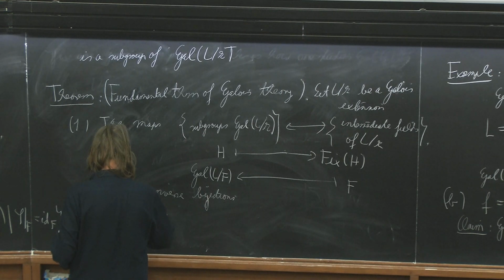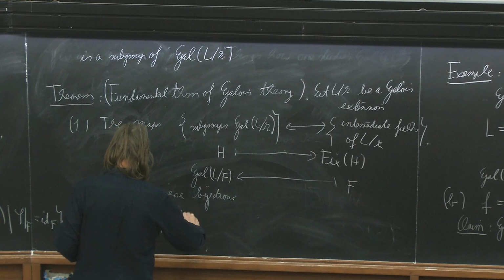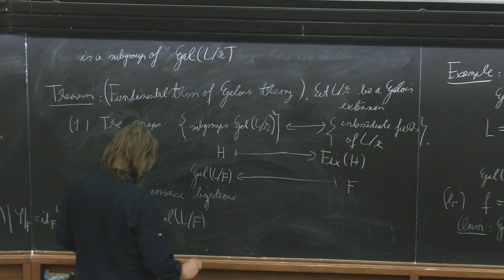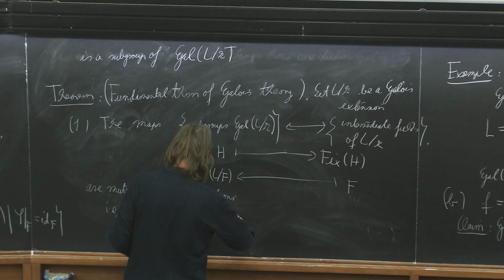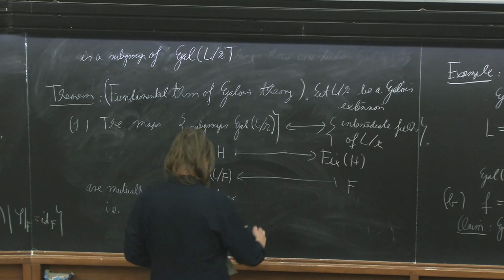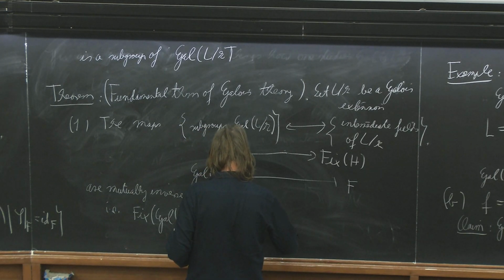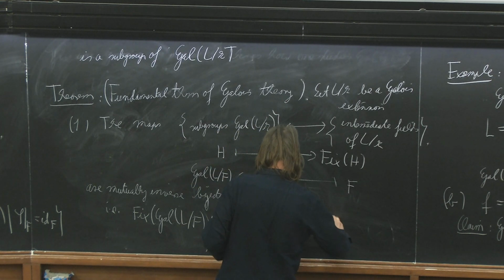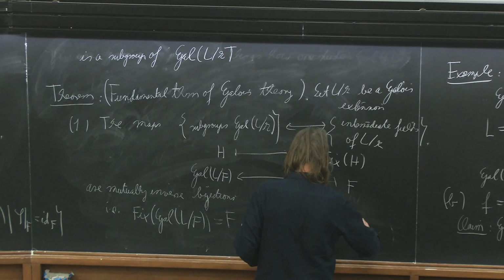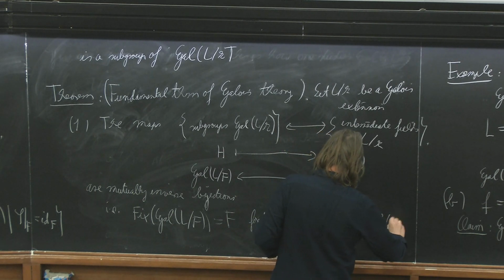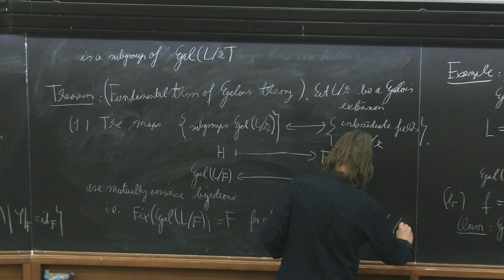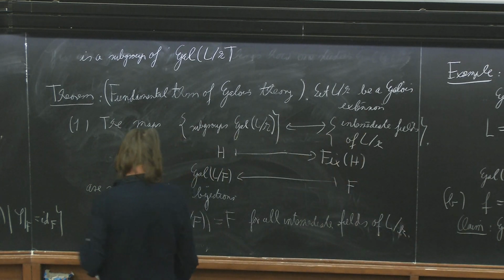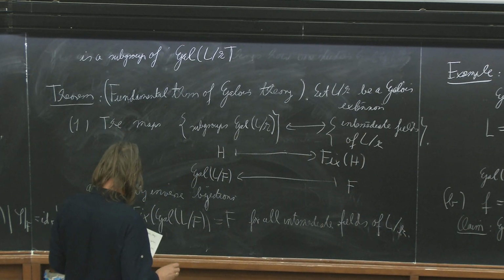If I take the fixed field of the Galois group of L over F, where F is an intermediate field of the extension L over K, this is F for all intermediate fields.